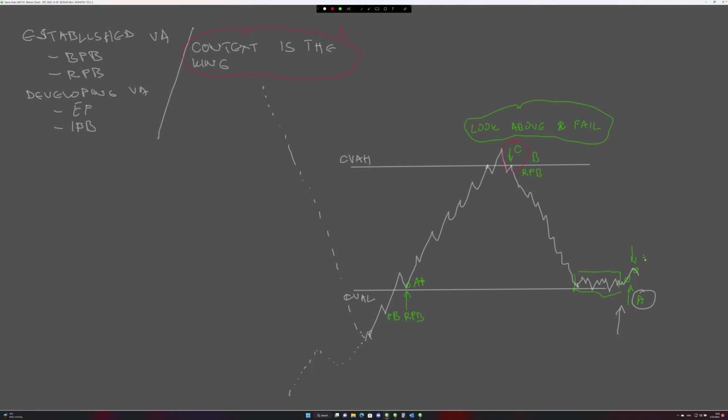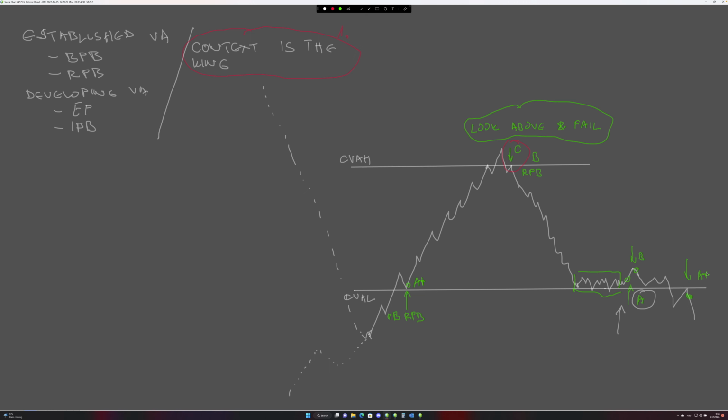In that case this is some sort of B setup because you are anticipating a breakdown. An A plus setup in this case would be, let's make this longer, if the market is doing something like this: bounce up, come back down, retest, and keep going down. Here, on the momentum shift going down, this is an A plus setup.